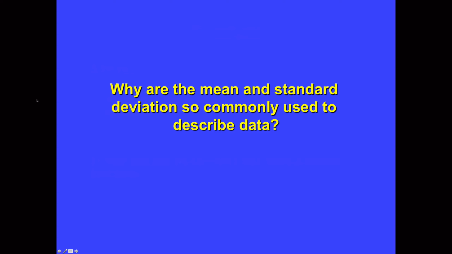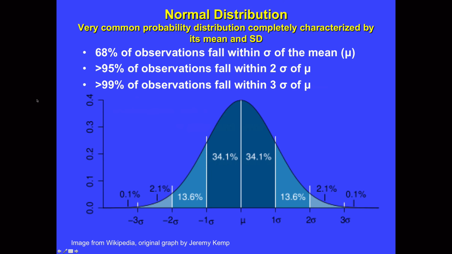I always think it's useful at this point to think for a moment about why means and standard deviations are so commonly used to describe data. The reason is that the mean and the standard deviation, or the standard error, substituting for the standard deviation of a sampling mean, entirely characterize the normal distribution, and the normal distribution is an incredibly common probability distribution that is used to help us make inference in statistics.